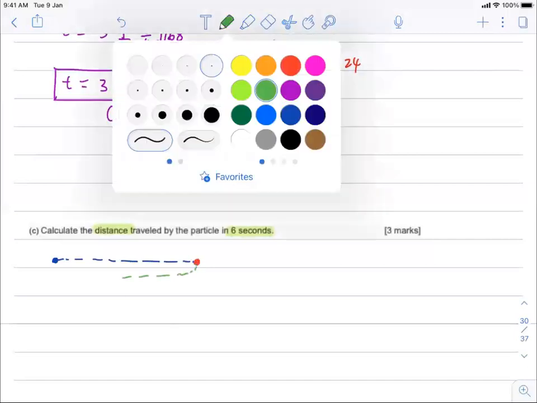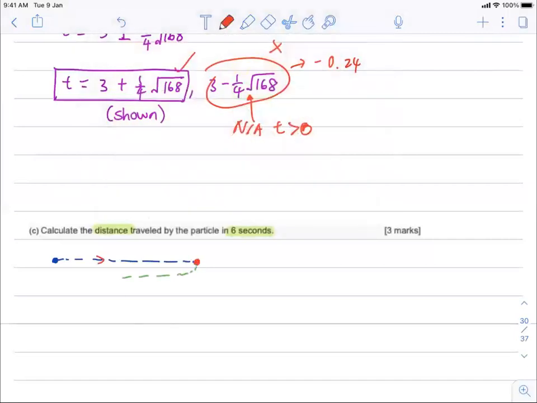Previously it moved in this direction, and then when it reached the turning point, in this case a point with maximum velocity, or you can also know it as dv/dt equal to 0, it's the point where it starts to move in the opposite direction. So it's very important that you check the turning point.